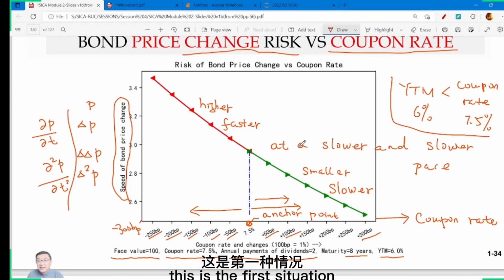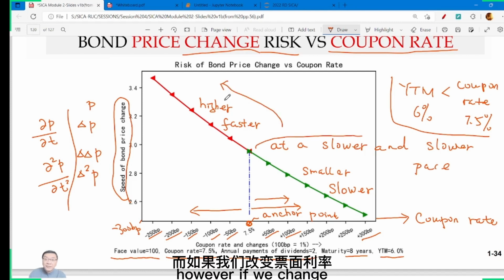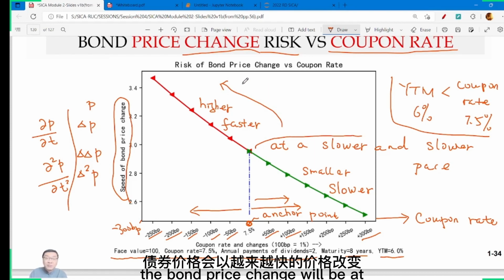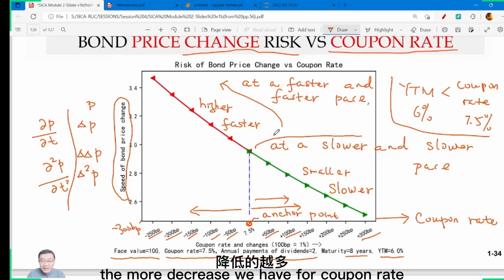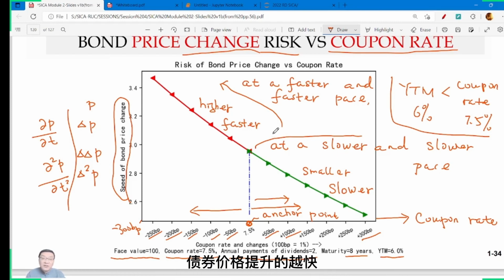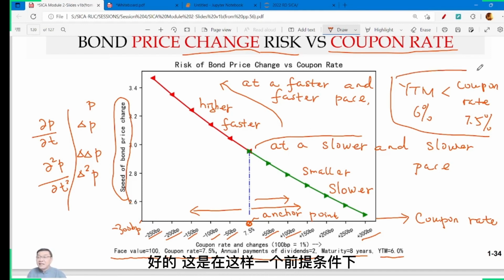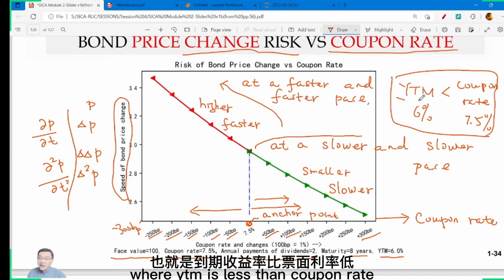However, if we decrease coupon rate, the bond price change will be at a faster and faster pace. The more we decrease coupon rate, the faster the speed of bond price change. This is under the condition where YTM is less than coupon rate.